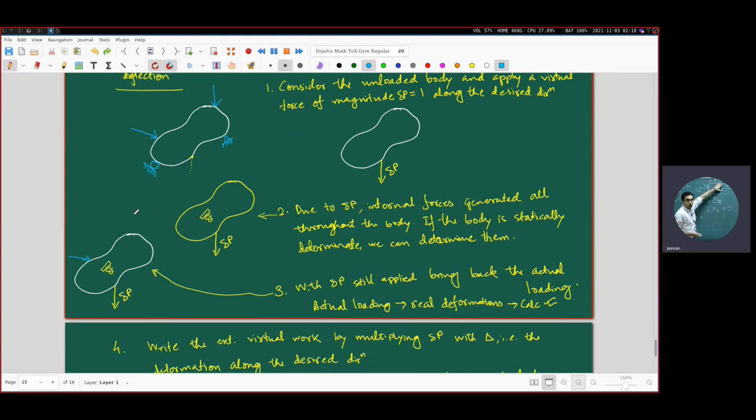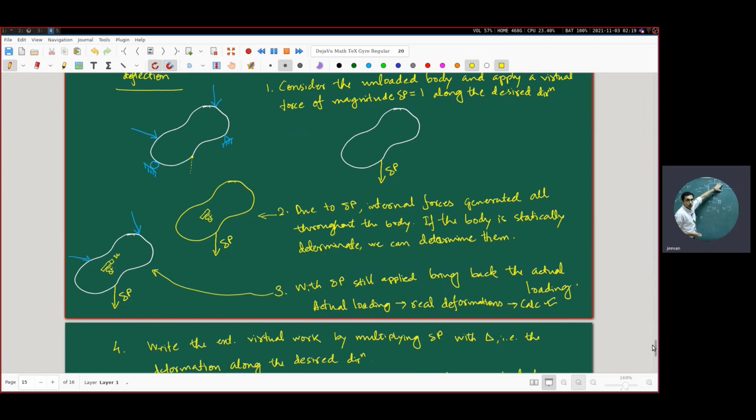Can't get this force right. The writing pad has become a little bit slippery, it seems. So this thing is getting extended, which means it is getting deformed, this element, as a result of these applied loadings. Let's say that the deformation associated with this little element is u.